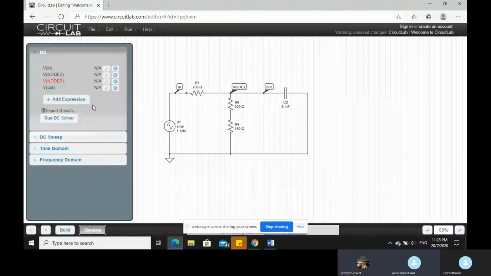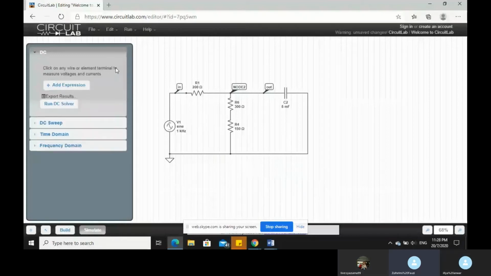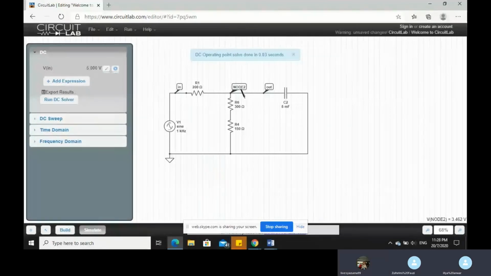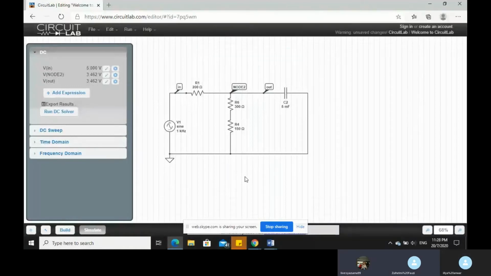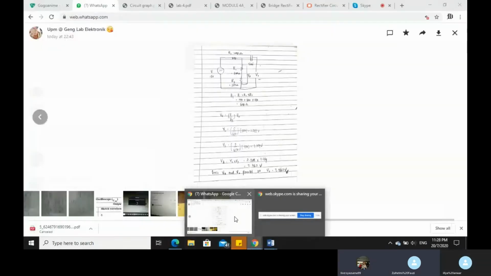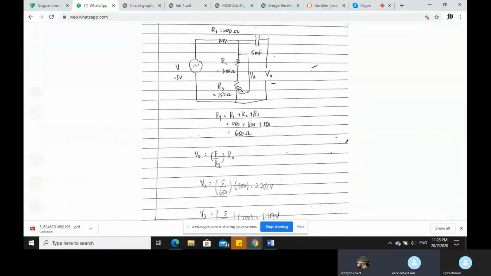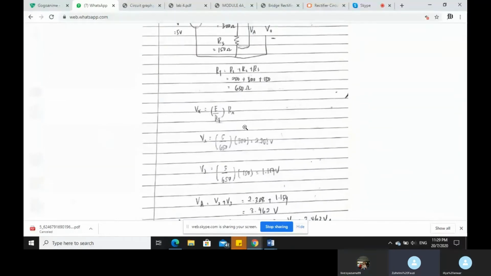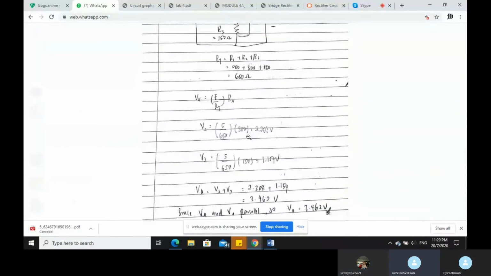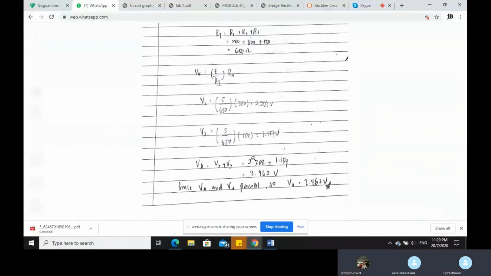Then after we are done, we run the DC solver, and we got V in is 5 volt, V not 2 is 3.62, and the V output is 3.462. This shows that the DC solver and the manual calculation that we already did have the same answer. So we think that what we already did is correct.